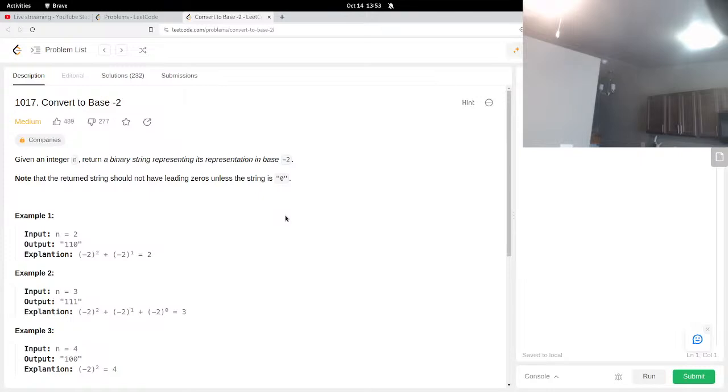Okay, so an odd value, 2 raised to the n plus 1, could be rewritten as negative 2 raised to 2n plus 2 plus negative 2 raised to the 2n plus 1. Which is exactly 2 raised to the 2n plus 2 minus 2 raised to the n plus 1. Interesting.